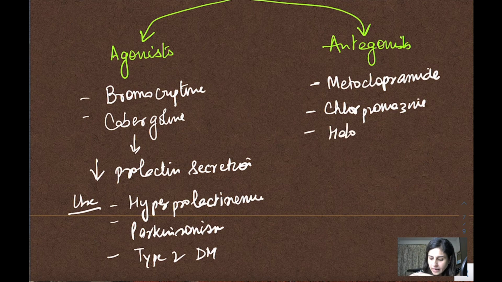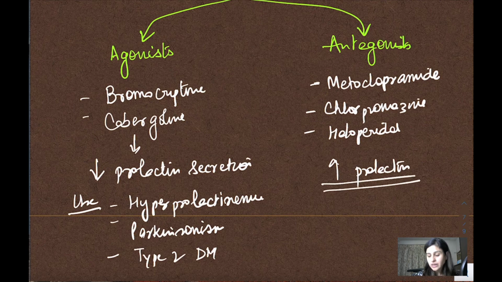We have haloperidol. So they are used for psychosis, but their side effect is that they block the D2 receptors, right? So they are going to cause an increase in the prolactin secretion. So their side effect is hyperprolactinemia.